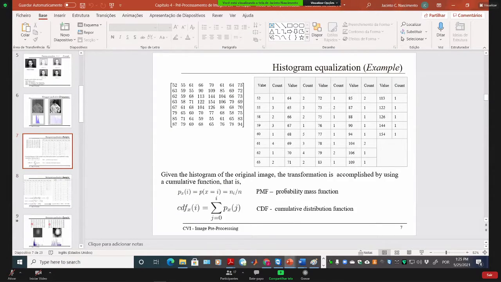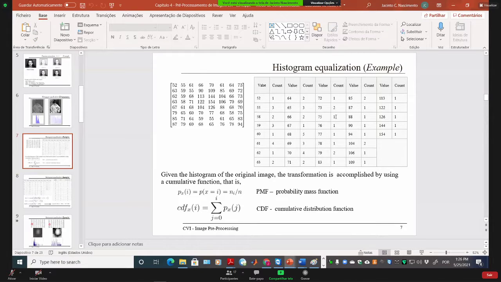The first thing is that you have the value, and then you have the count. Okay. So in the first column, you put the values of the matrix. So you just pick up these values here, and count the occurrence for each of the intensities. Value count, and so on and so forth. For instance, 154, it occurs one single time.